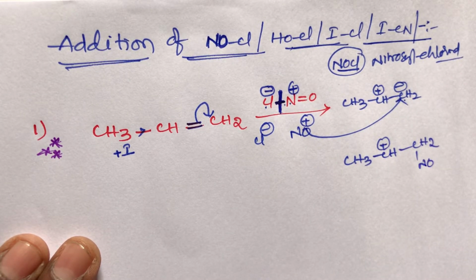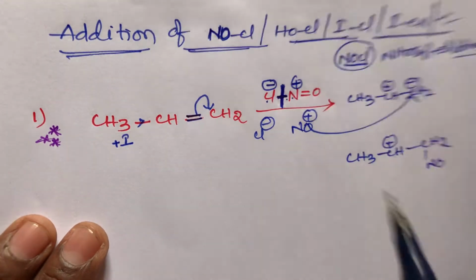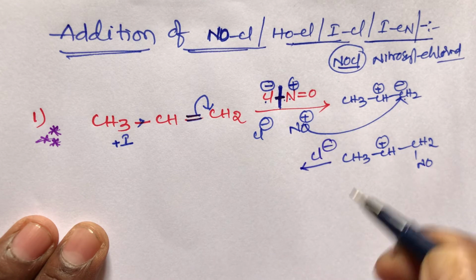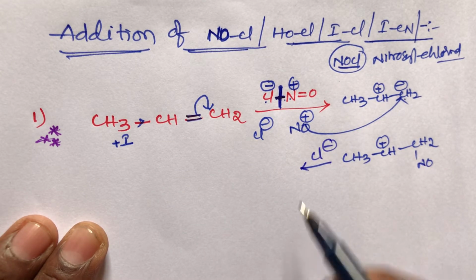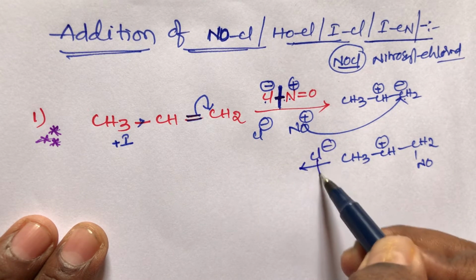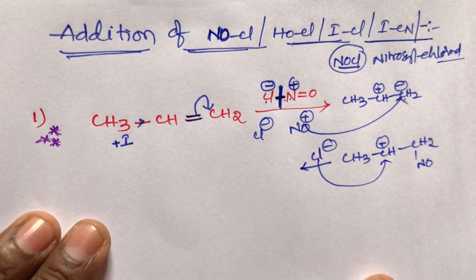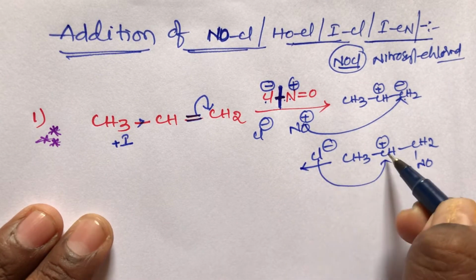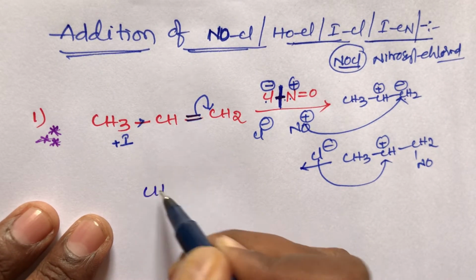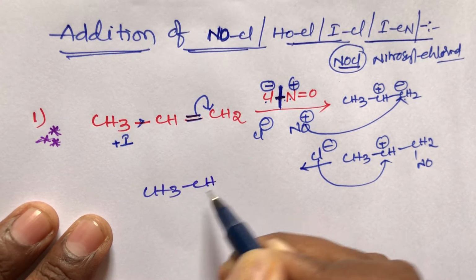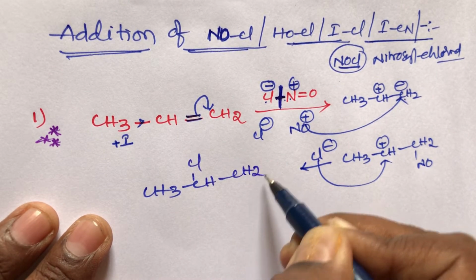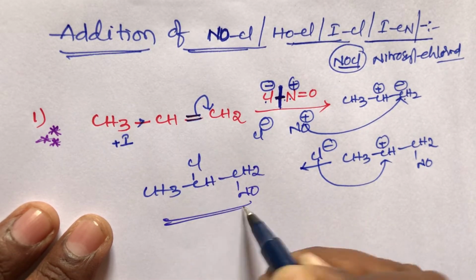Then the nucleophile Cl minus will attack this position. We get the final product, CH3 CH Cl and CH2NO. This is the final product.